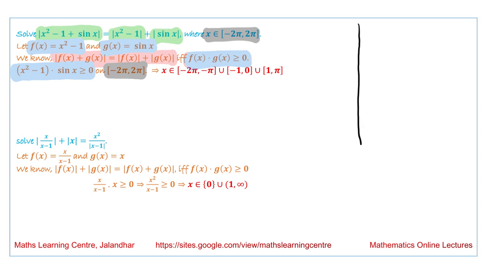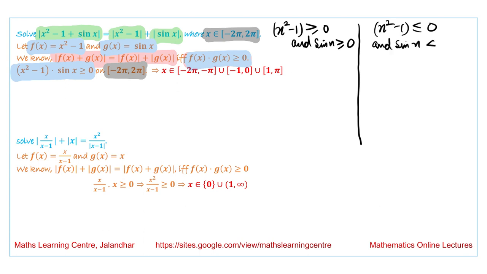First, x square minus 1 is greater than or equal to 0 and sin x is greater than or equal to 0. Second, x square minus 1 is less than or equal to 0 and sin x is less than or equal to 0.